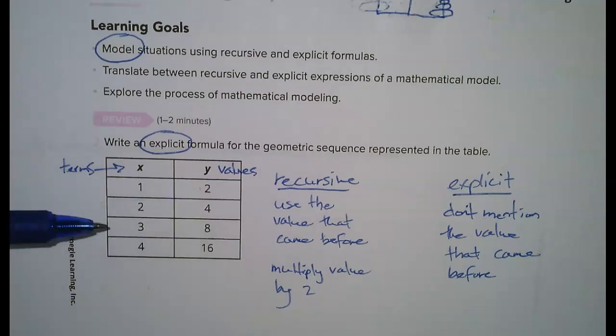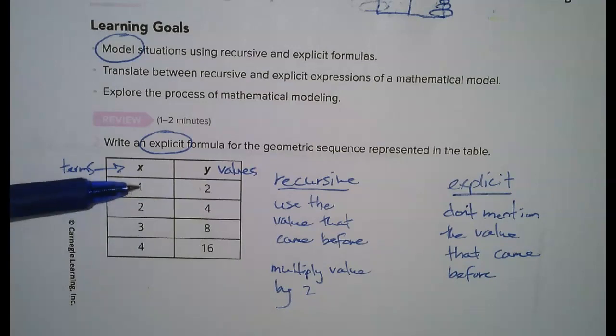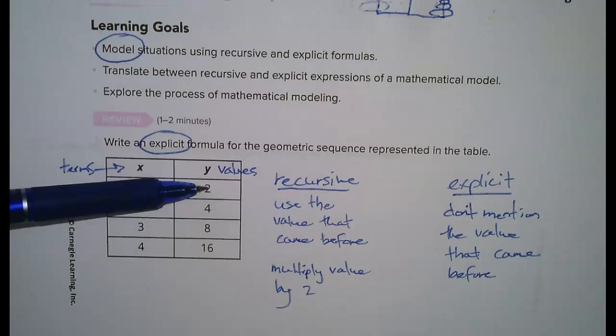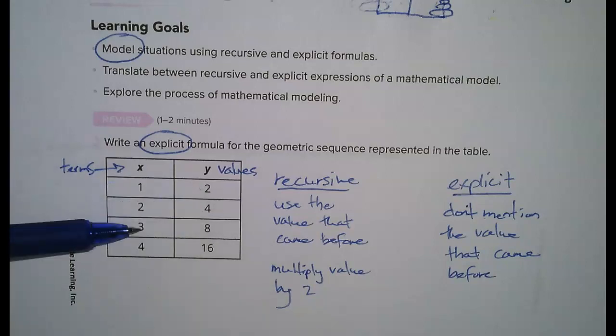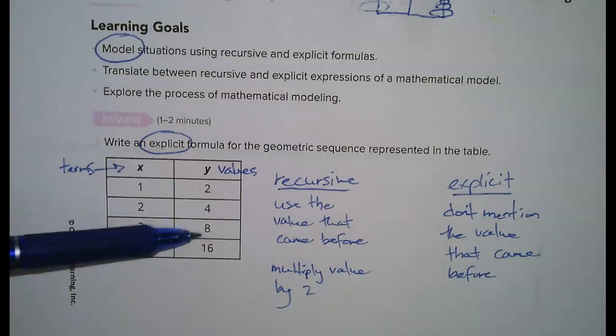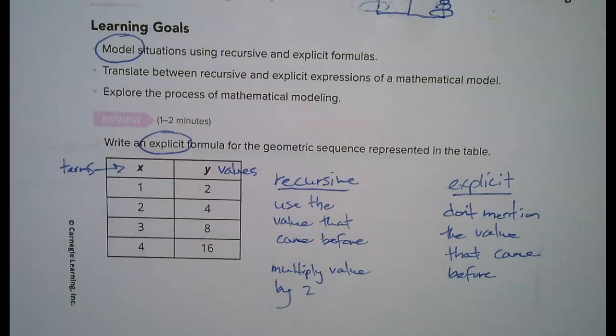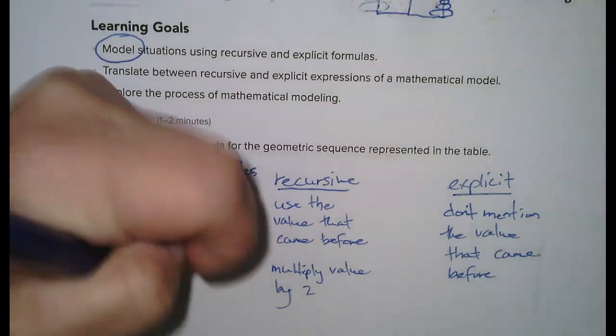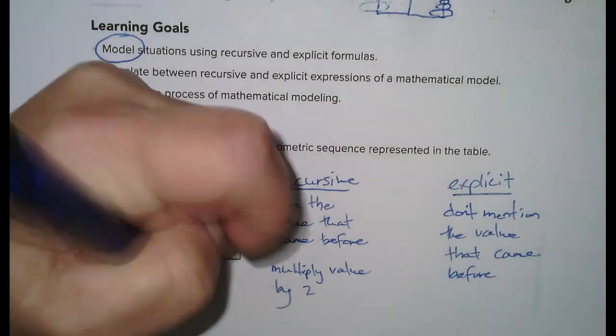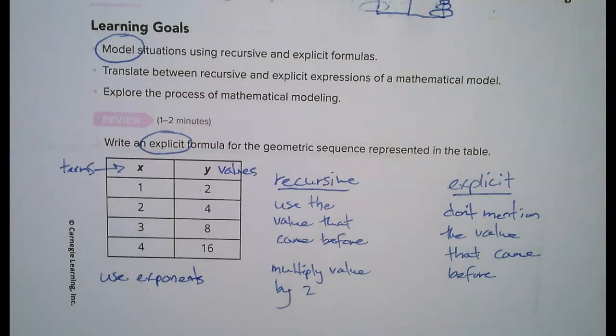So then we tried multiply. We tried 1 times 2 equals 2, 2 times 2 equals 4, but then 3 times 2 didn't work because 3 times 2 equals 6, not 8. But then someone in class had the idea of using exponents. So let's use exponents and find the pattern, okay?